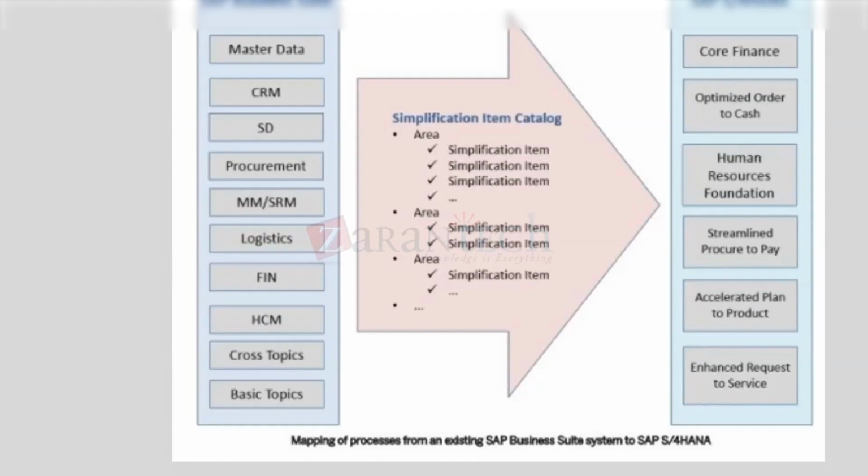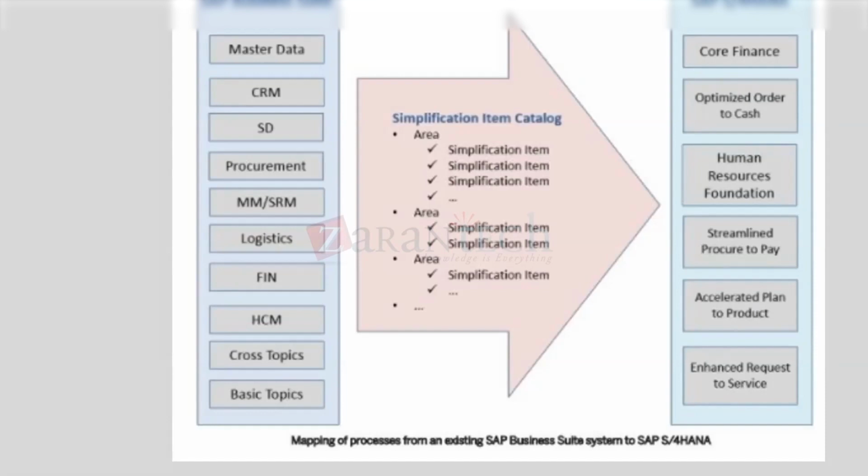Now, SAP is divided primarily into three major functional areas: logistics, finance, and HR. These are the three basic primary areas of the software. From those three major areas, you have again sub areas of the software. Within logistics we have SD, MM, procurement, PP, PM.